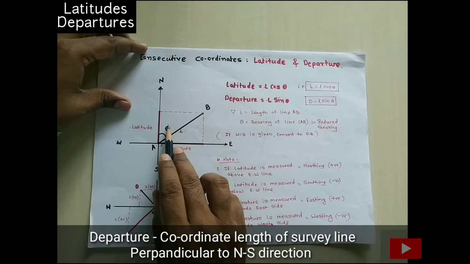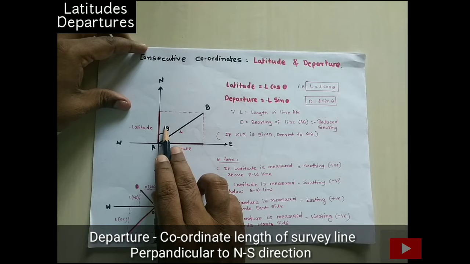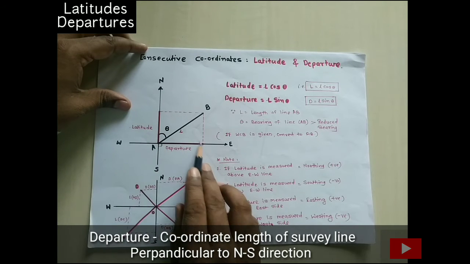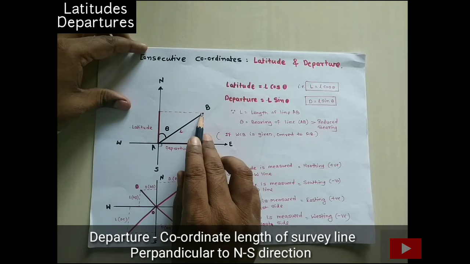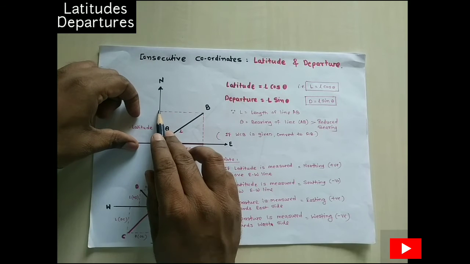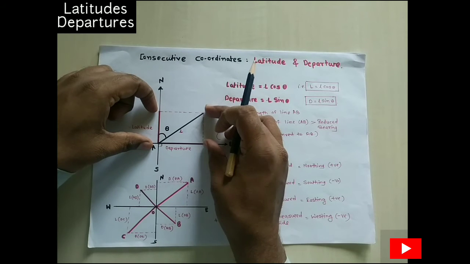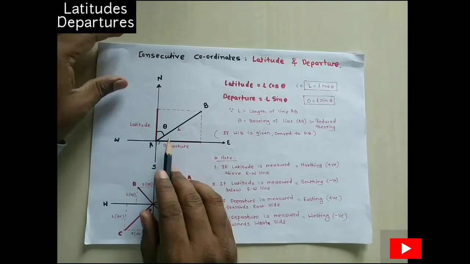So by using this bearing, the length of departure is the same like this. Similarly the latitude becomes the same length by this. Are you getting this?